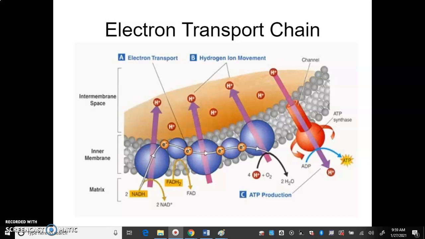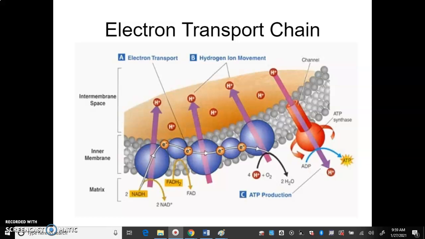You can almost think of it as an electron conveyor belt, or if you go skiing, the ski lifts. The electrons are traveling between these inner membrane proteins called cytochromes. Now, the hydrogens are going to start building up, so they're going to have to diffuse back because it'll become a high concentration and they'll want to move to the low concentration area.